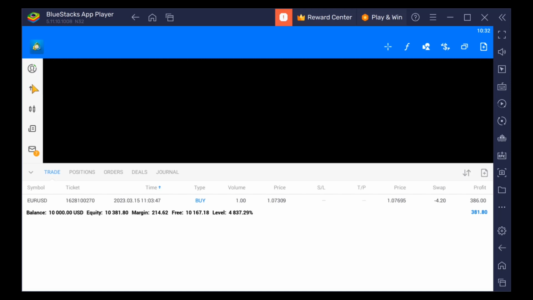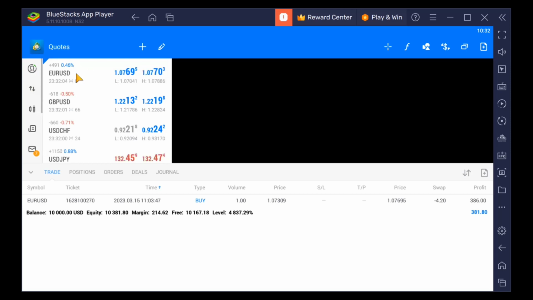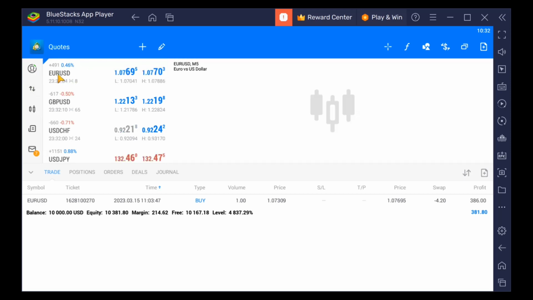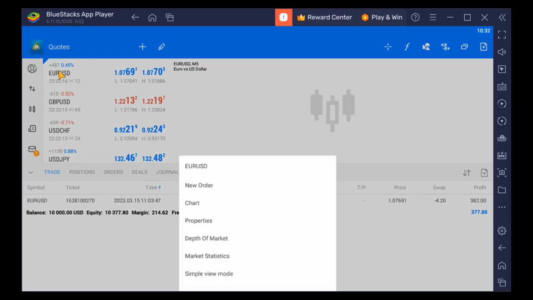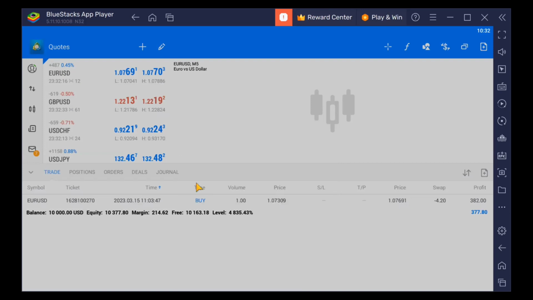But for this way, you can click on this, or you can decide to come to quotes. Just tap on this guy to come to quotes. Once you're on the quotes, just tap on the pair you want to trade. All right, once you tap on it, it's going to bring these options out. Just tap on new order.